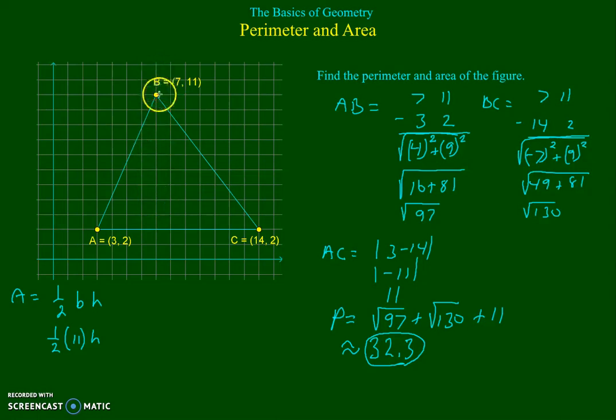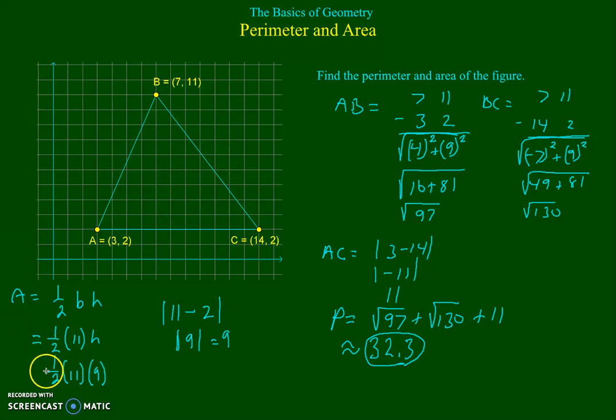The height of this triangle is going to be the distance from that point down to this segment, because this is a straight horizontal line or segment. So we're going to use the y coordinate 11, minus the y coordinate for this, which is 2. 11 minus 2 is the absolute value of 9, which is 9. So this is going to be 1/2 base of 11, height of 9.